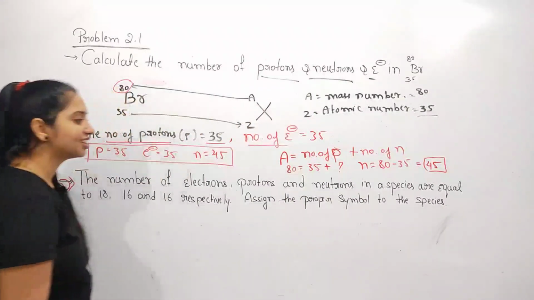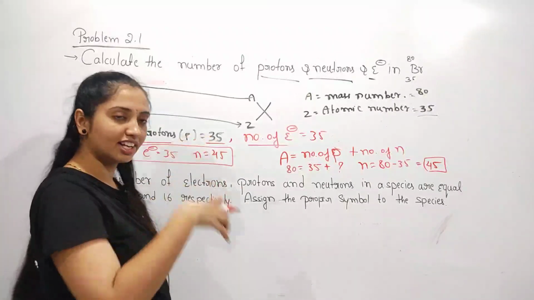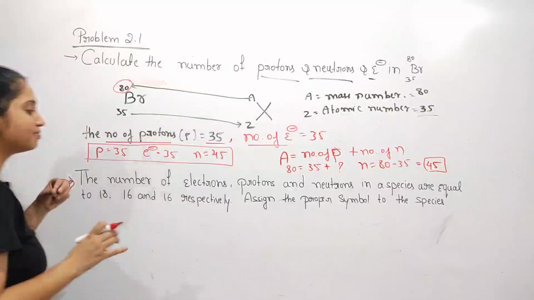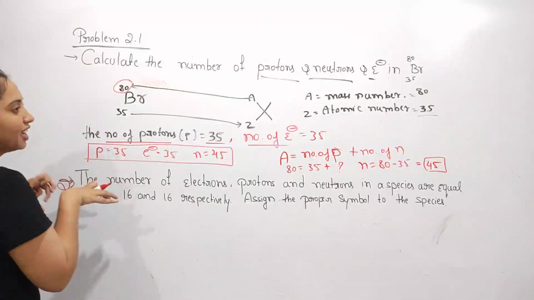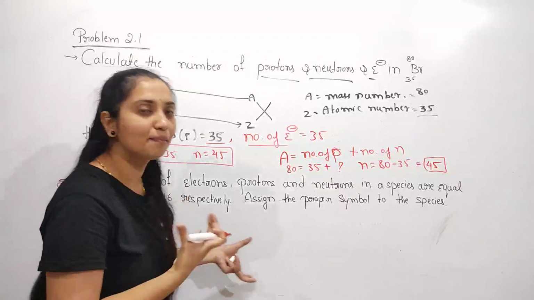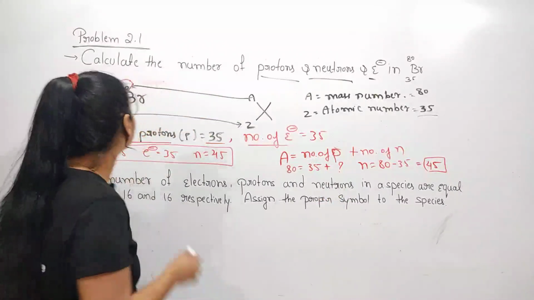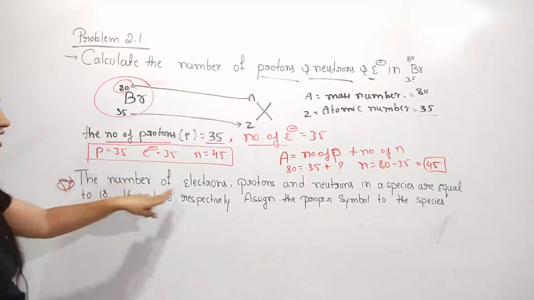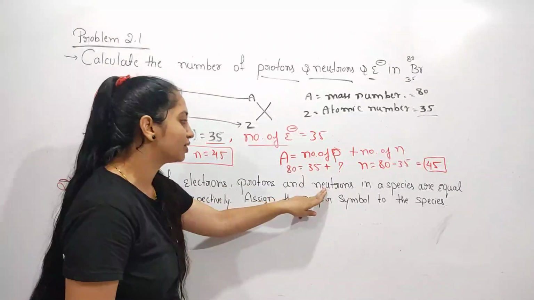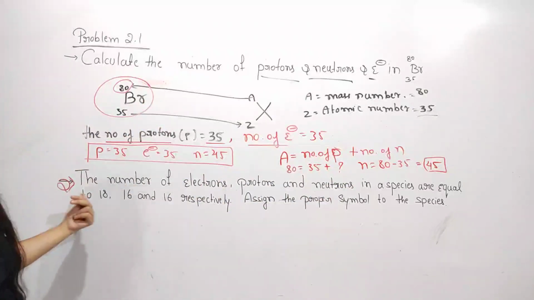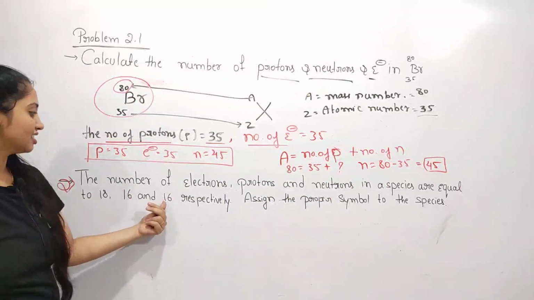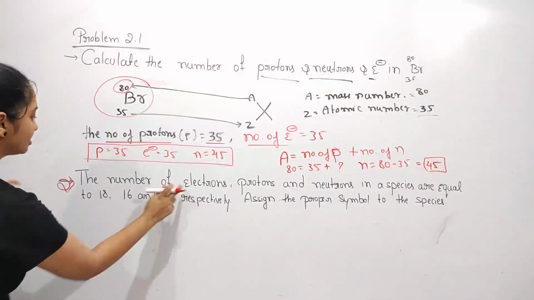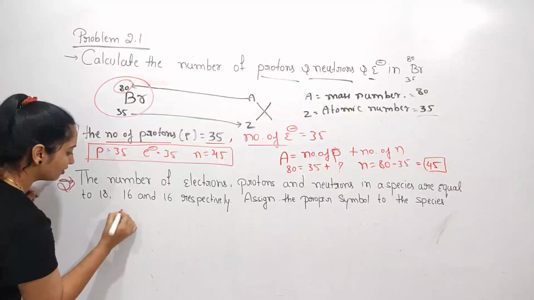Here, the number of electrons, protons and neutrons are already given. With the help of those numbers, we have to represent the symbol of that element. So the number of electrons, protons and neutrons in a species are equal to 18, 16 and 16 respectively.